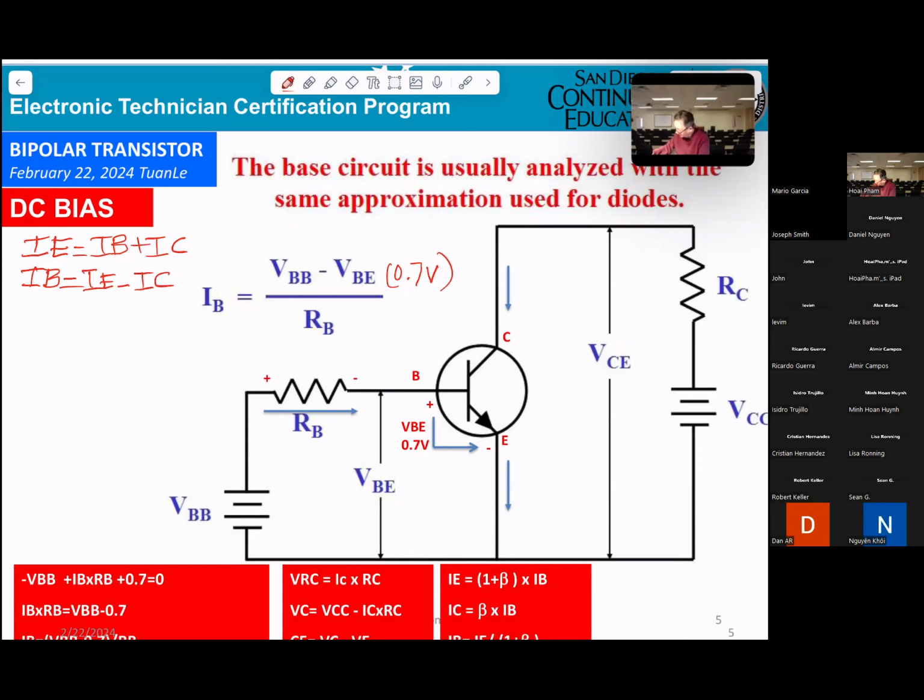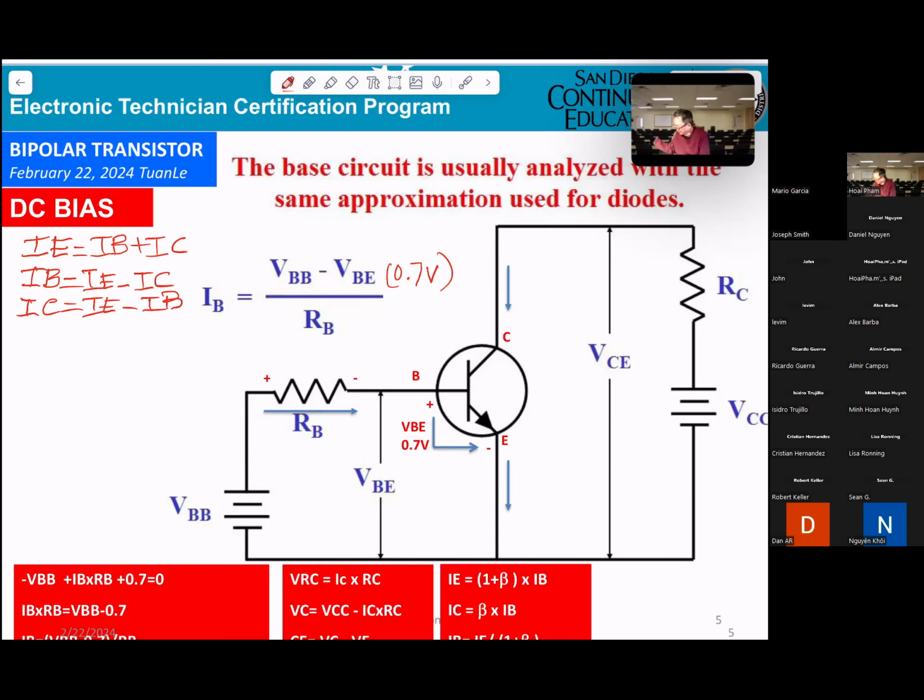Or if you want to calculate IC, IE minus IB. However, IB will be very, very small. So that's why they don't like this formula. They want to find different ways.